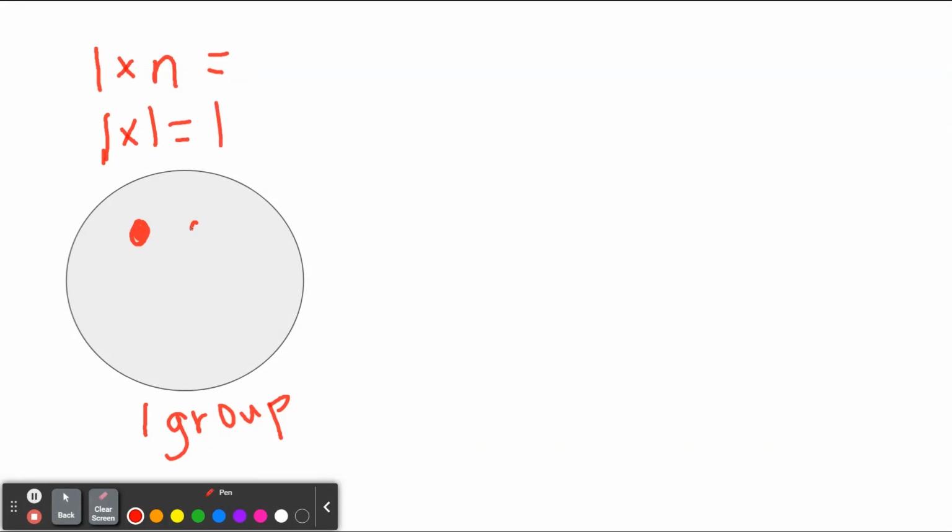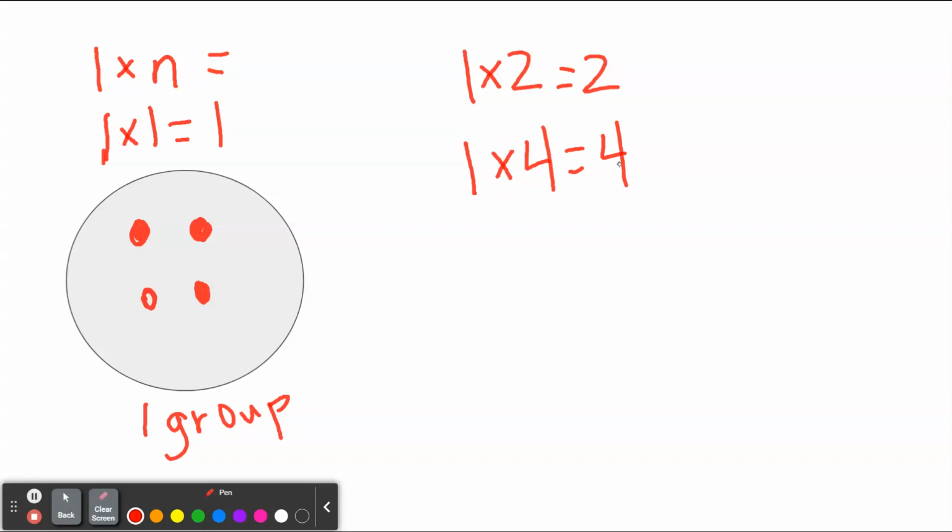Now, what if I have 2? So now I have one group of 2. So now I have 2 dots total. What about if I have 4? So if I have one group of 4, 1 times 4, that's going to give me 4. So I'm starting to notice a pattern here.